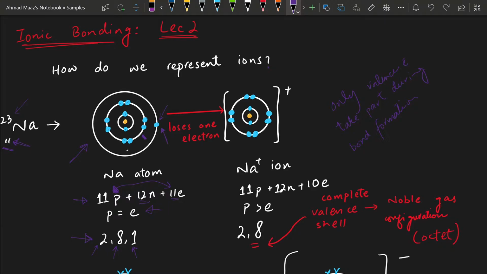Alright, so sodium loses 1 electron. Sodium loses its valence electron, and then it is left with only 2 shells. The third shell is gone, because the third electron is gone, and there is no such thing as an empty shell. A shell is just a path of an electron. There is no physical presence of an electronic shell.